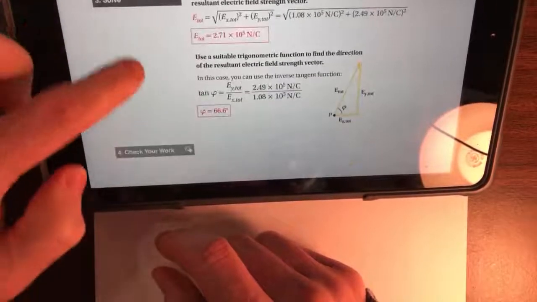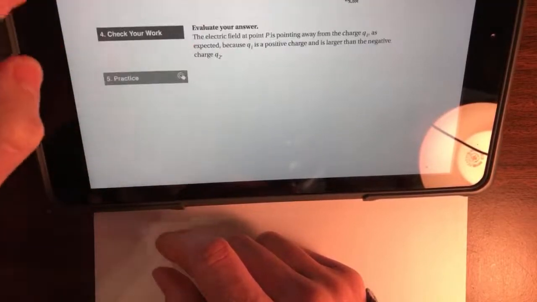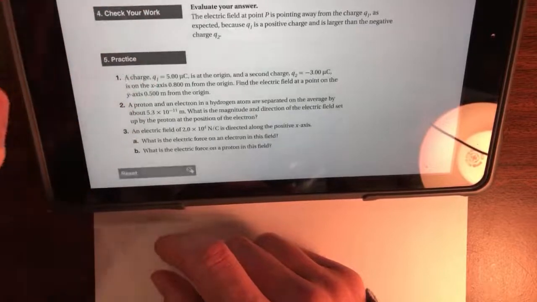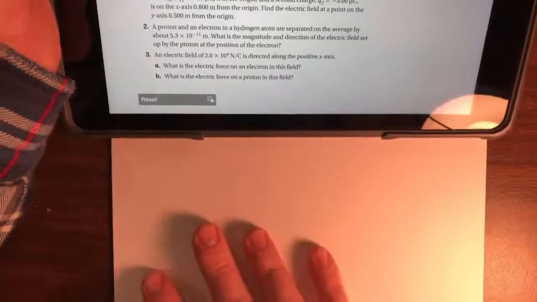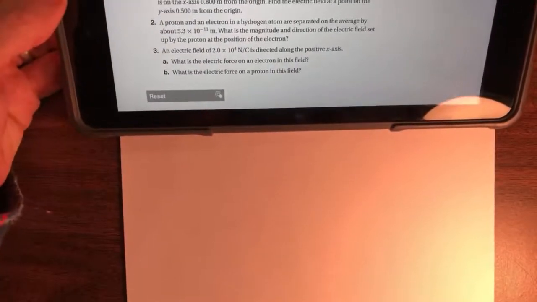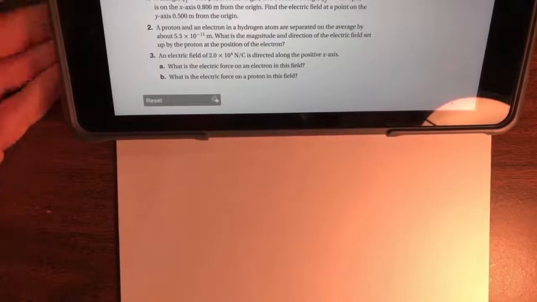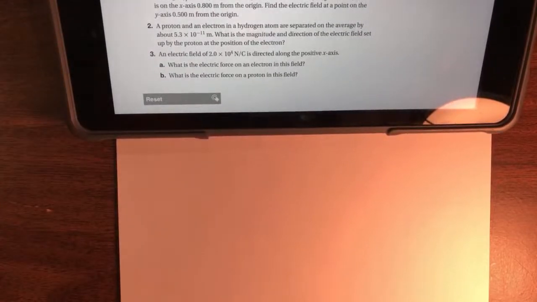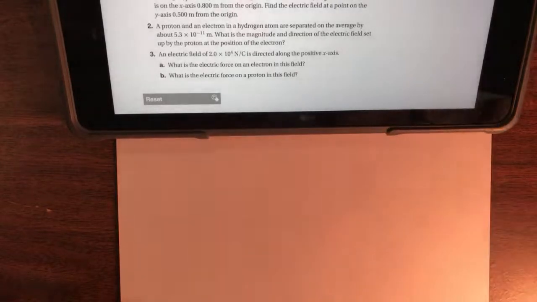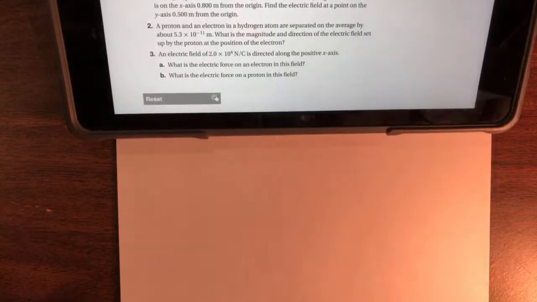The first one's pretty cool with proton and electron, right? At that distance, you can imagine that the attraction between a proton and electron is going to be pretty strong. And you can do the calculation for the electric force, the force of attraction between them, or you can look at the electric field.